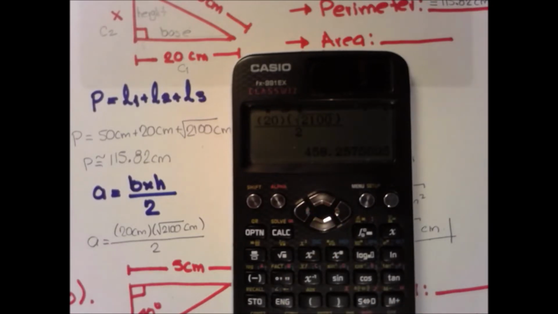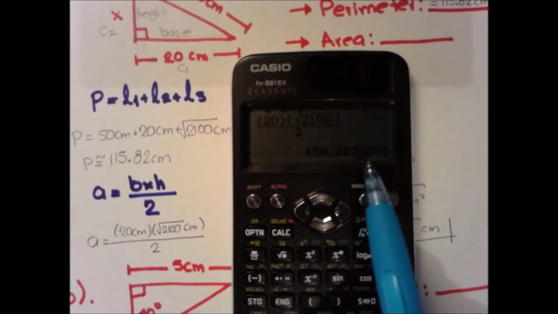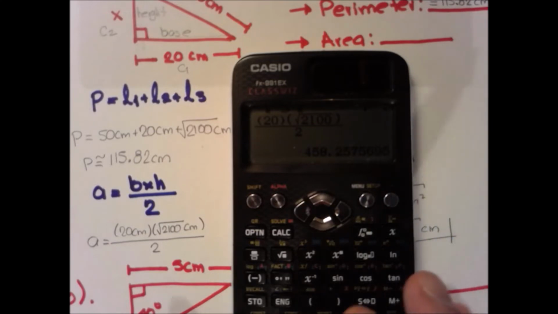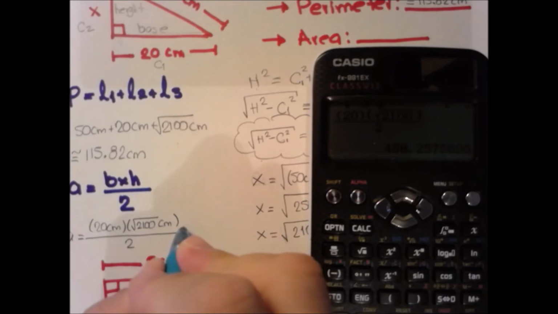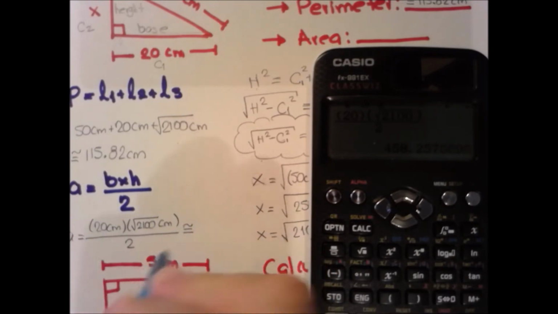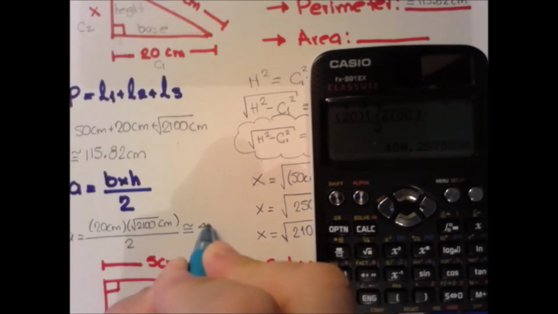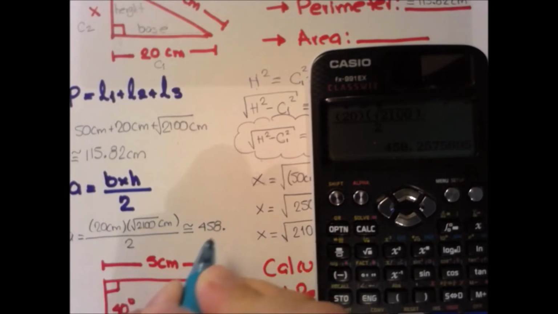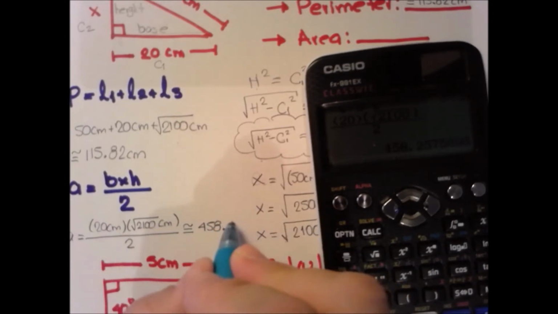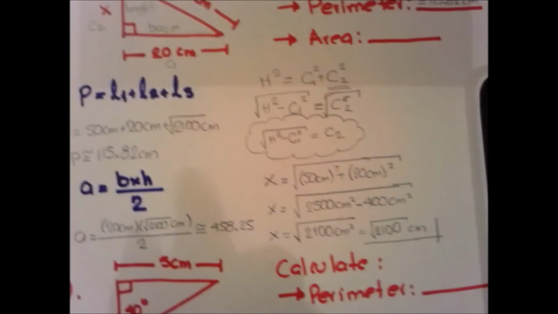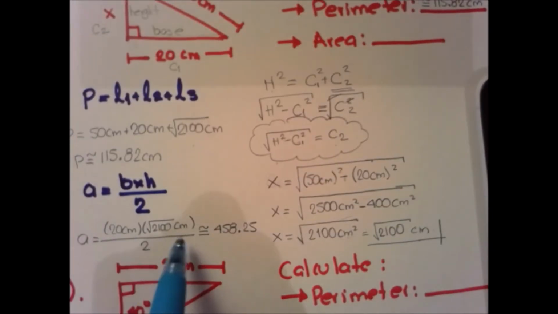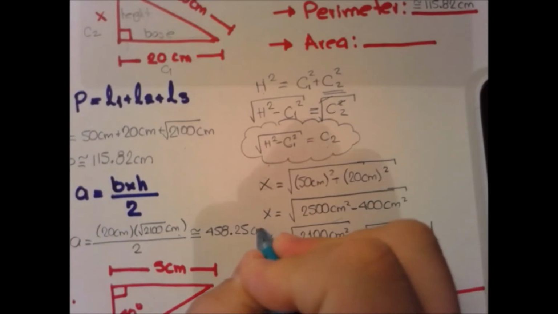And well, in that case I'm just going to have another irrational number. Remember, irrational, we have infinite number of decimals. In that case, what I'm going to do, I'm going to write again that is approximately equal to 458 point, and I'm just going to take two decimals, 25, and the units will be centimeters times centimeters will be square centimeters.